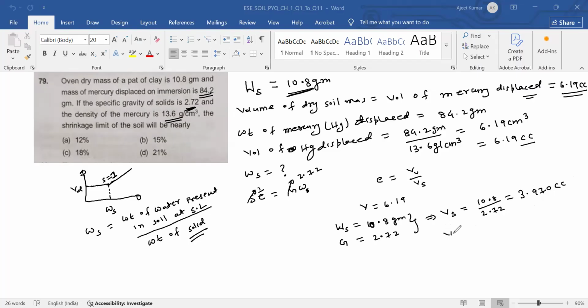So volume of void is total volume minus volume of solid, and total volume is 6.19 minus 3.970.